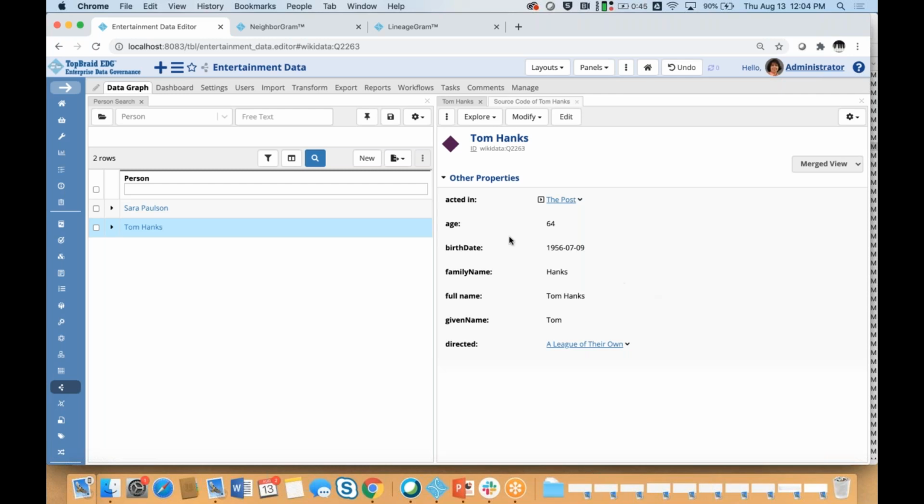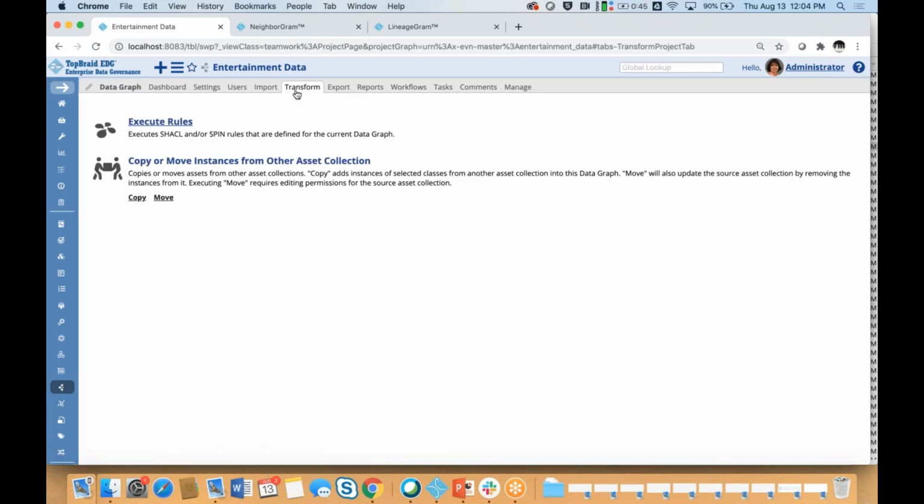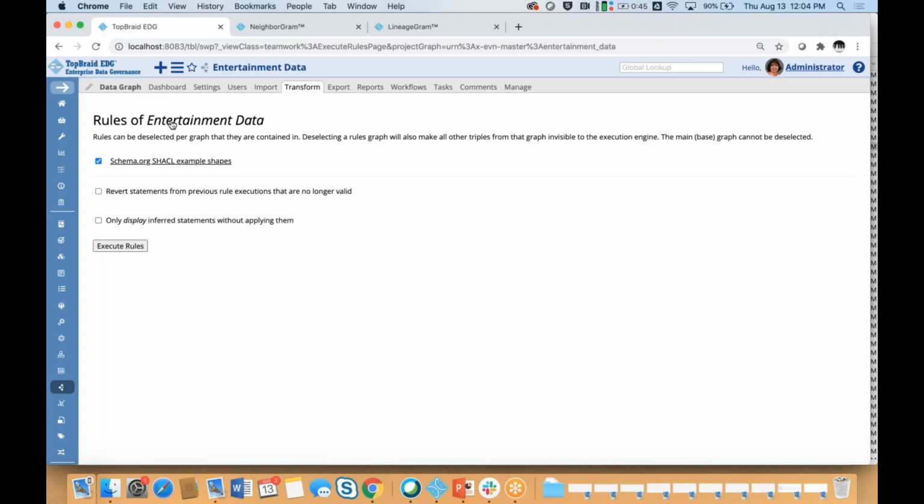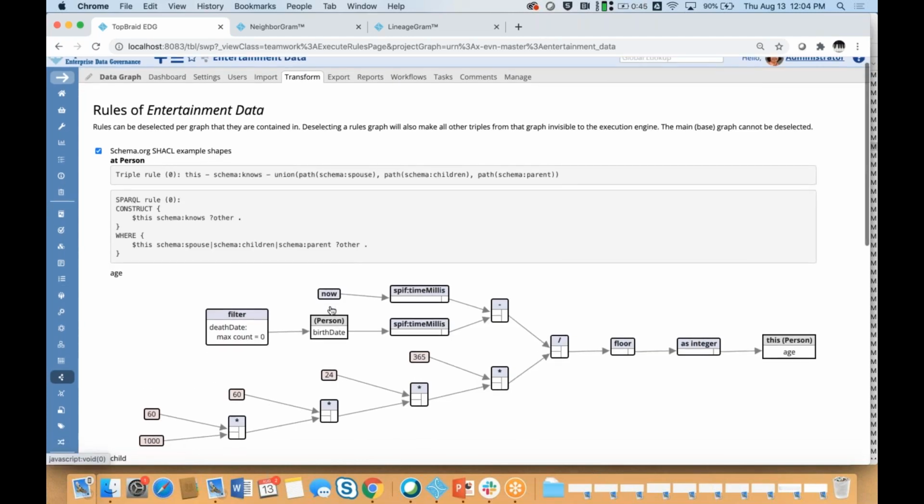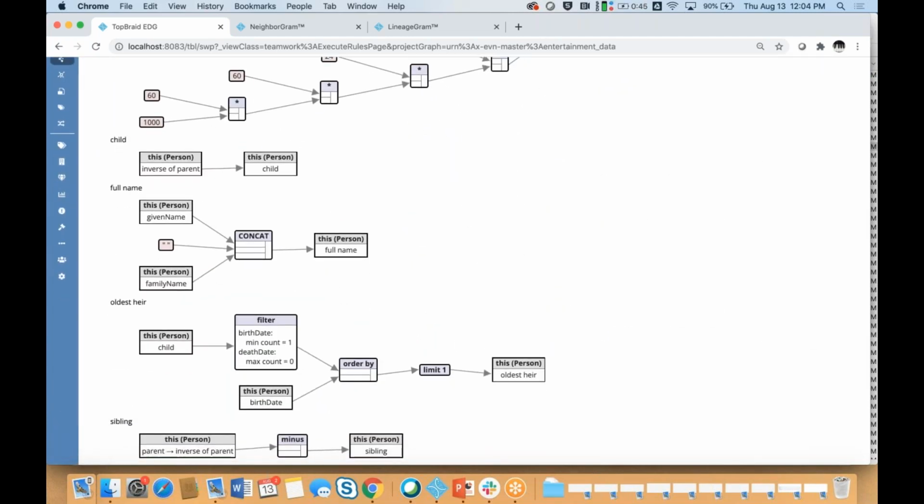It's a very simple example, and the reason this works is because we also have a number of rules stored directly in a graph that infer additional values. These are some simple rules, and this one takes a person, their given name and family name, concatenates them, and dynamically produces a full name.